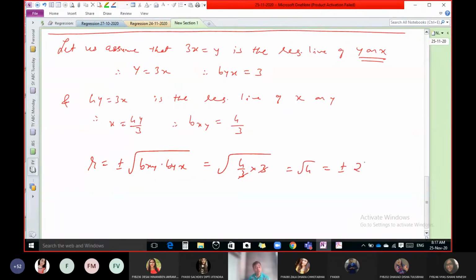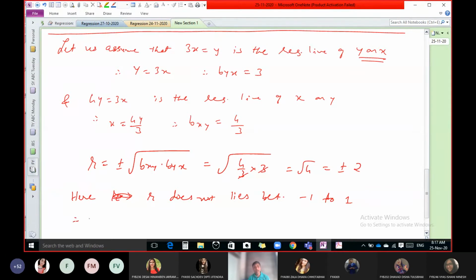But we know that both the values plus 2 and minus 2 are wrong. Here r does not lie between -1 to +1, because it is -2 or +2.